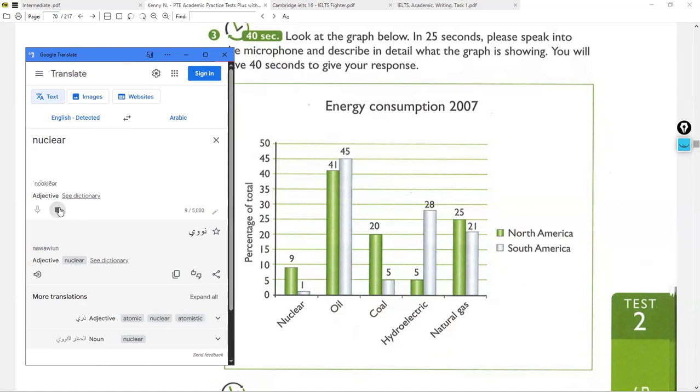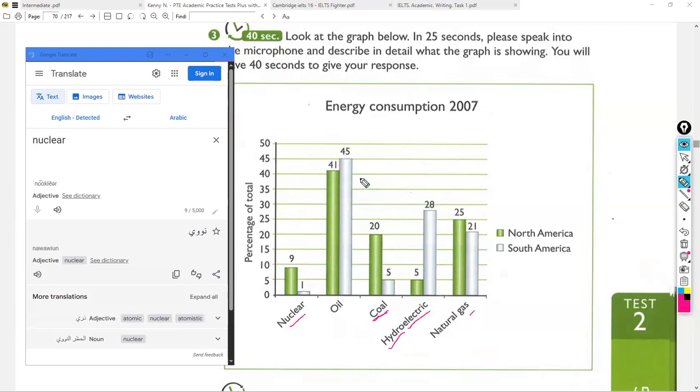And this is what, Ali? Hydro... electric, not electricity. I don't have ITY, but I have only IC. So I have to say what? Hydroelectric. Okay. And here we have gas.